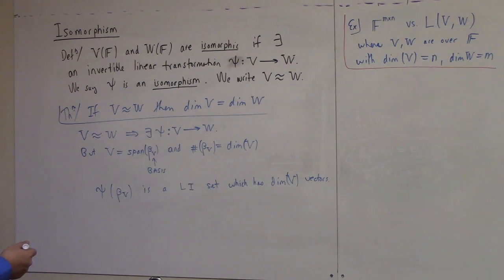Now, how can I argue that the dimension of V has to be equal to the dimension of W?